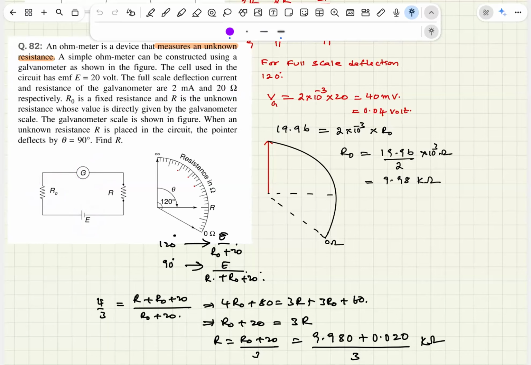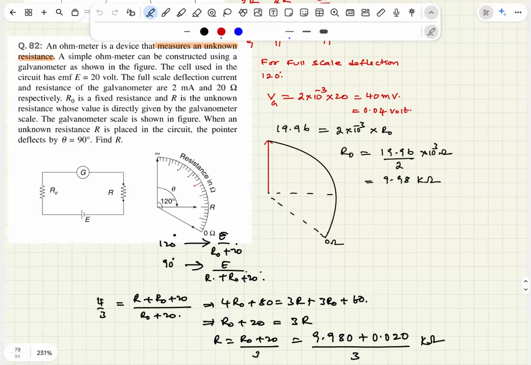The galvanometer's scale is shown in the figure. When an unknown resistance R is placed in the circuit, the pointer deflects by theta equal to 90. Find R. You know, full scale deflection, as shown in the diagram, is 120 degrees.